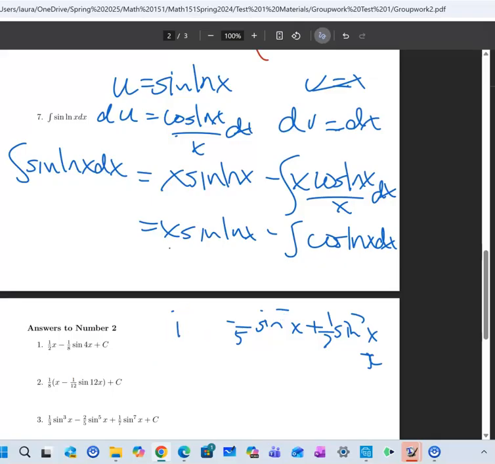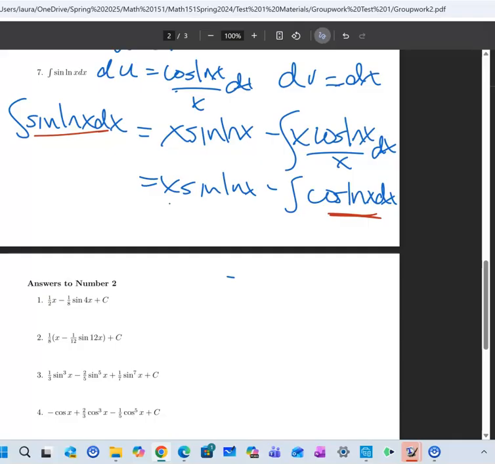Let's think about how similar or different this is from what I started. So it's not worse, but can you see that this is really similar to this? So what I'm going to do is I'm going to do parts again. I'm going to let u equal the cosine of ln of x, the dv equal dx, v is x, the du is negative sine of ln of x over x dx.